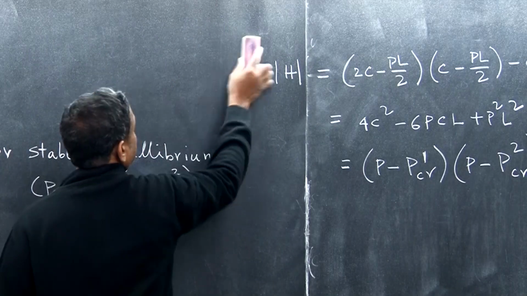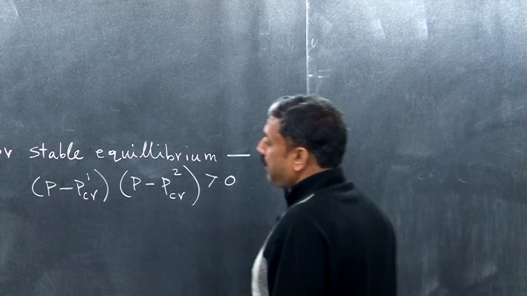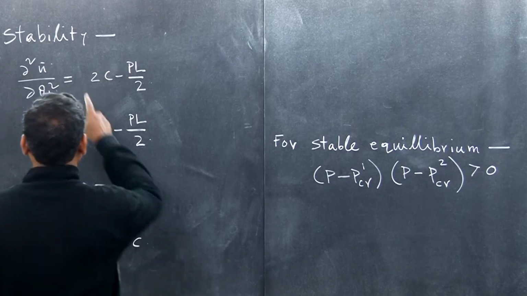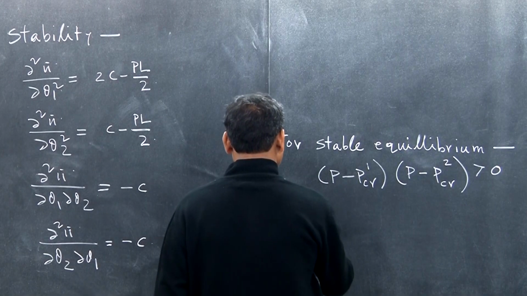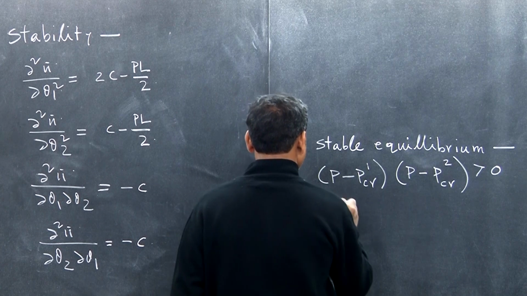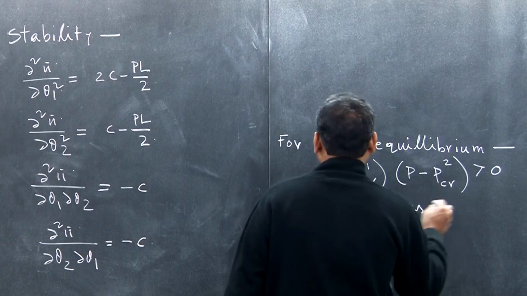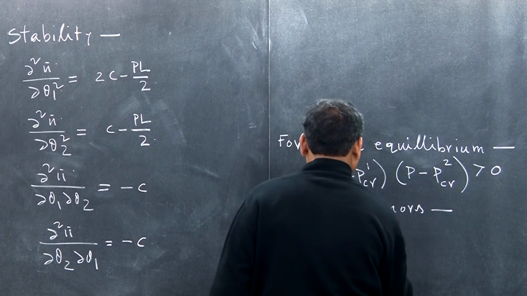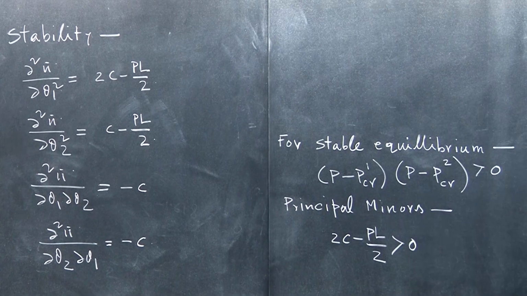Principal minors. What are the principal minors? Principal minors are nothing but the diagonal terms, right? So, the principal minors of this one: 2C minus PL by 2 must be greater than 0, right? What does it imply?